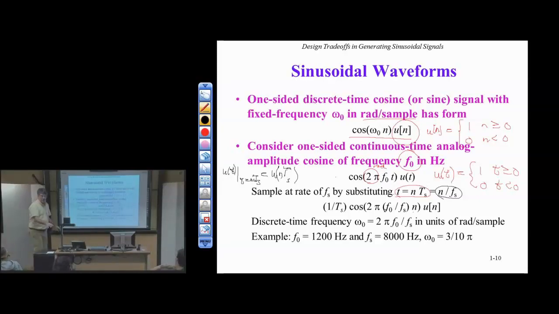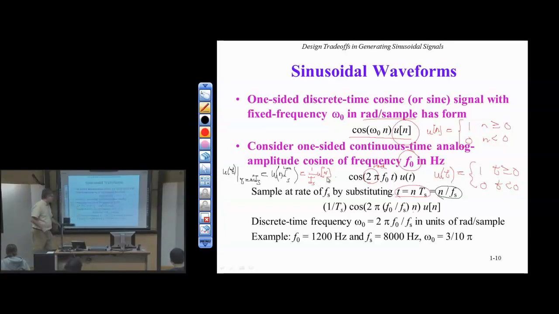So we'll talk about the derivation for how to get there, but the bottom line is that we can write this as a discrete step function.